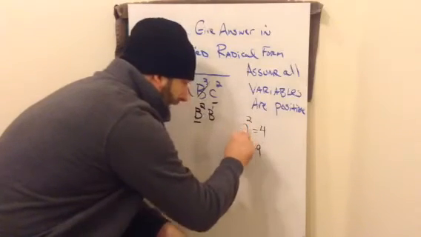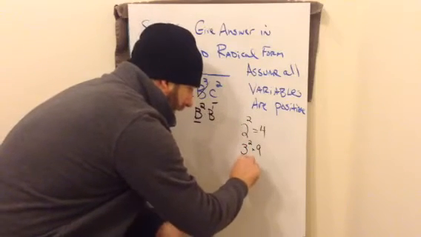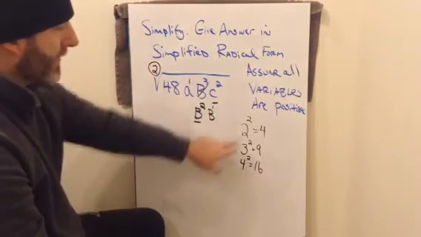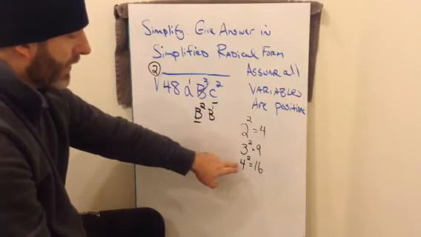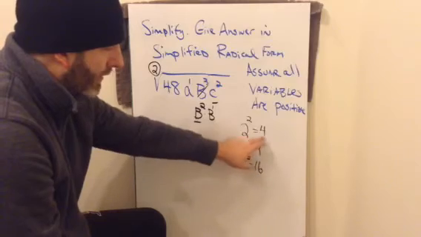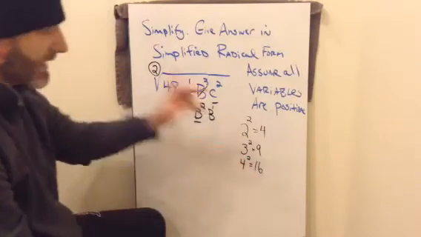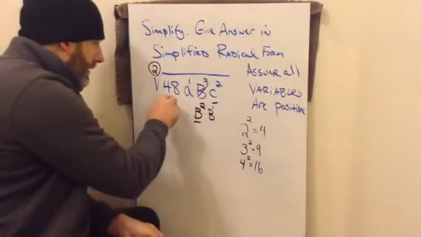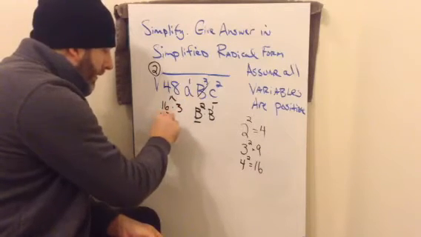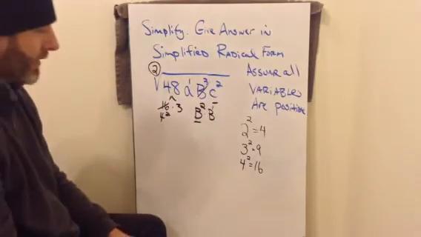If that didn't work, I check 4 squared, which is 16. Here's the thing: if 2 works, I always check if 4 works, I always check if 16 will work because 4 is a factor of 16. Well, 16 actually goes in. This breaks down to 16 times 3, or 4 squared times 3.